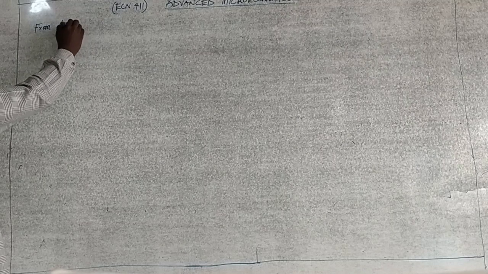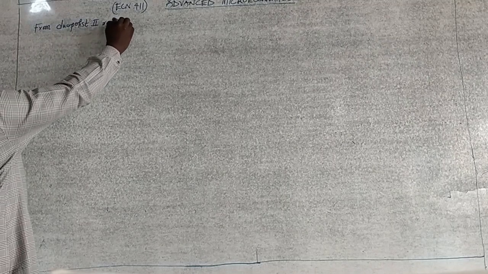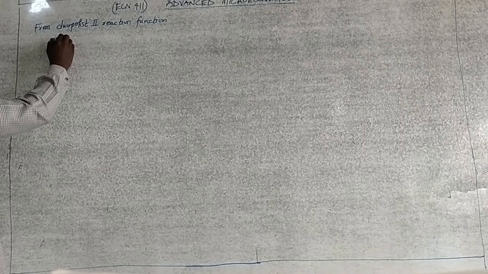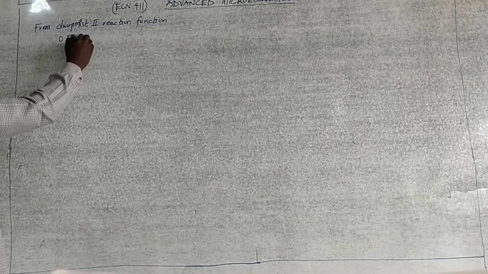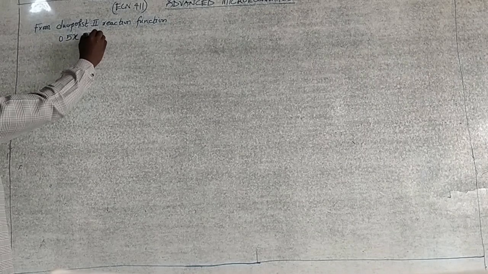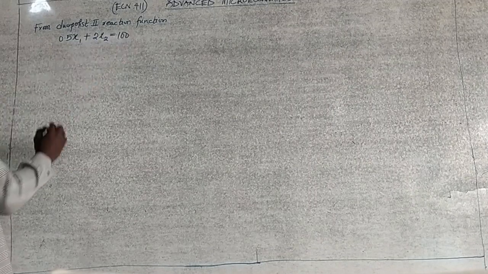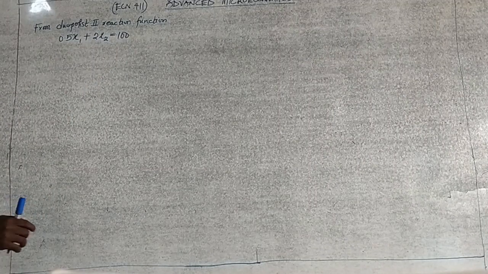From the reaction function of duopolist 2, what's the reaction function, please? 0.5x1 plus 2x2 equals 100. So we want to make x1 the subject.